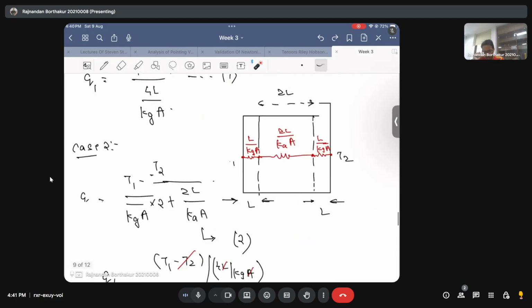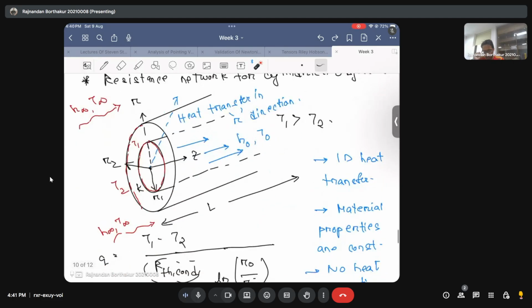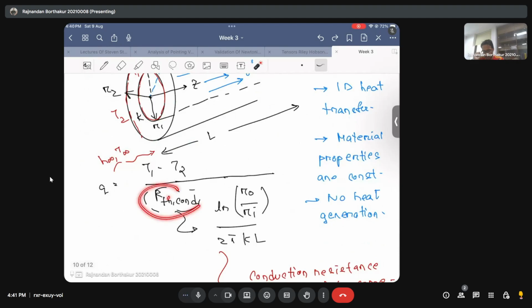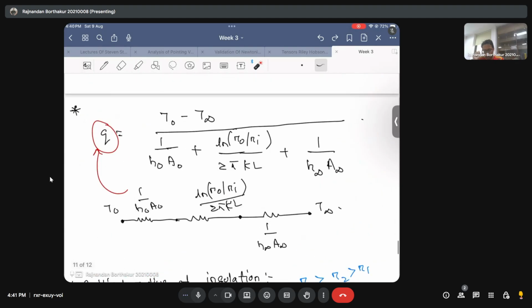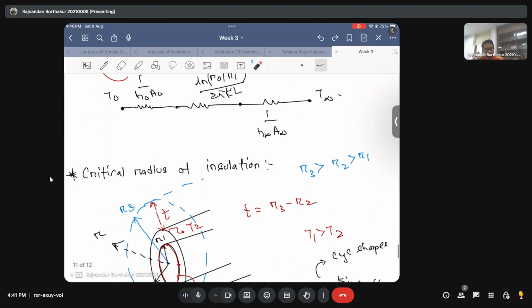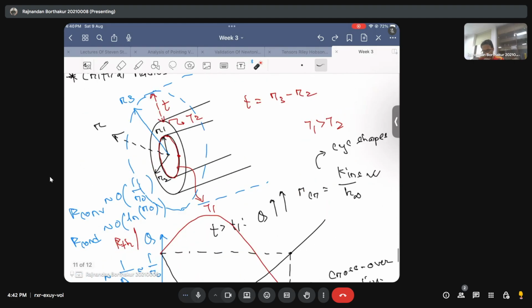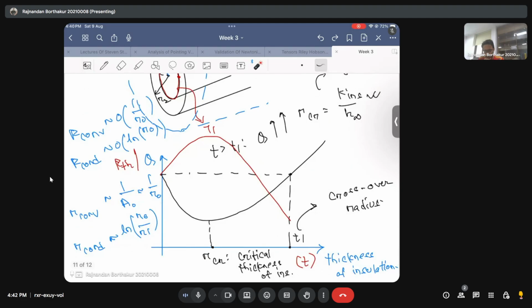Okay, and then we looked into heat transfer in cylindrical objects and saw how we write this thermal resistance for conduction. We then looked into a case where there was a conduction resistance for cylinders, plus there was convection at the inner and outer surfaces, and we ended by understanding the concept of critical radius of insulation, and tried to see how the rate of heat transfer in cylindrical objects varies when you increase the thickness of insulation.